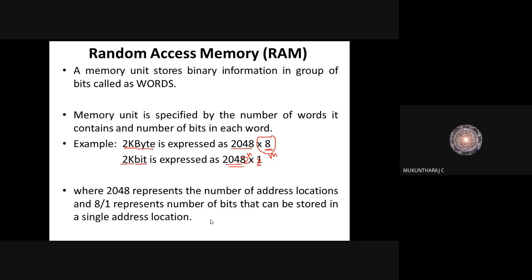To represent the capacity of the memory unit, we consider the number of locations available in the memory and the number of bits stored in each address location. Based on these data only, we represent the capacity of the memory unit. Okay, so we will move on.